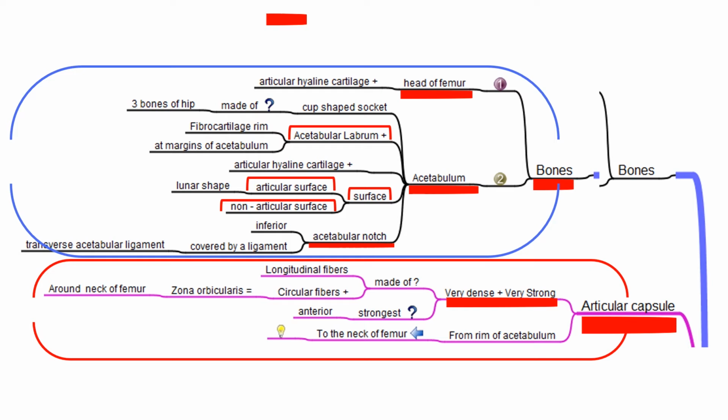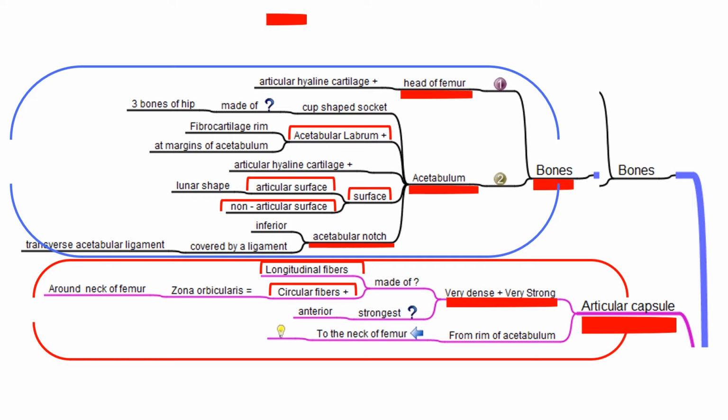What is this articular capsule made of? It is made of longitudinal fibers running obliquely from the hip to the femur, and circular fibers, which are called zona orbicularis, around the neck of the femur.